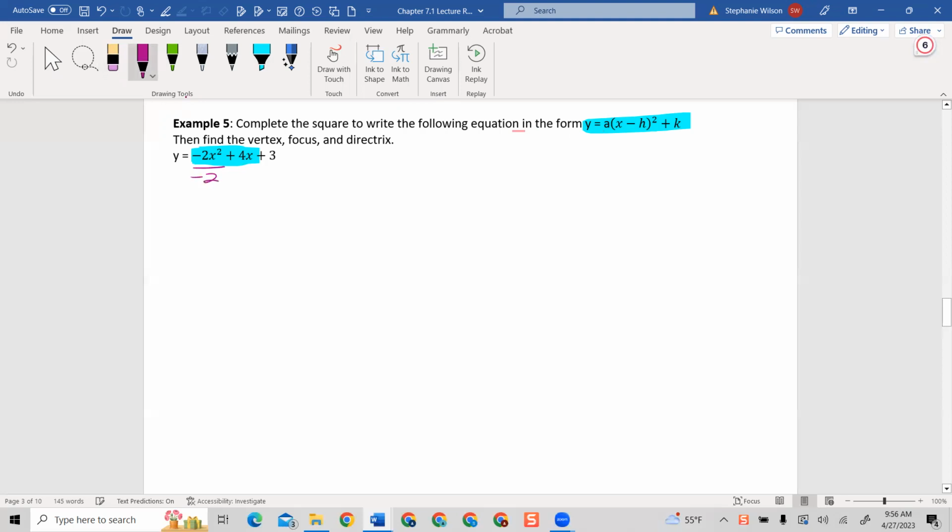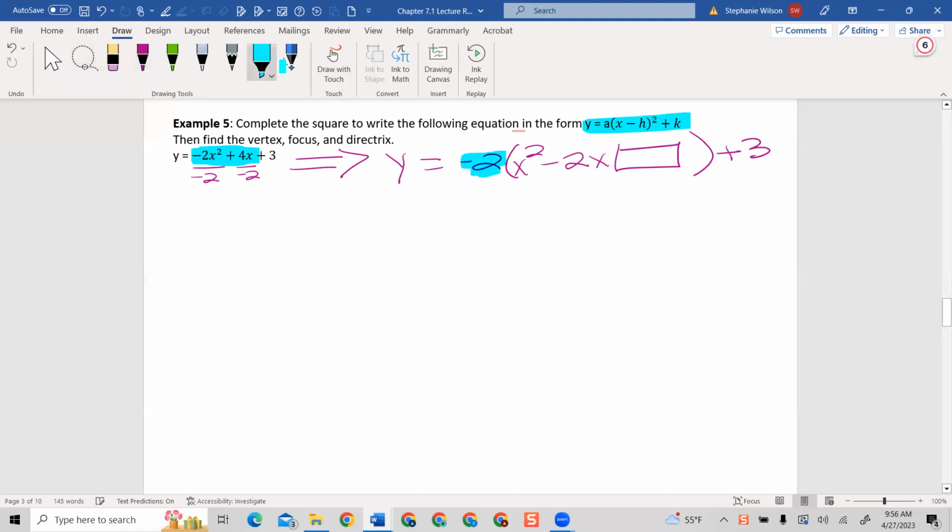That means I'm going to divide by negative 2, divide by negative 2, right? So what do I have here? I have y is equal to negative 2 times (x squared minus 2x), and I'm going to leave some space here, plus that 3. Now, this negative 2, don't forget about this negative 2. We're going to deal with it too. We have another operation for it.